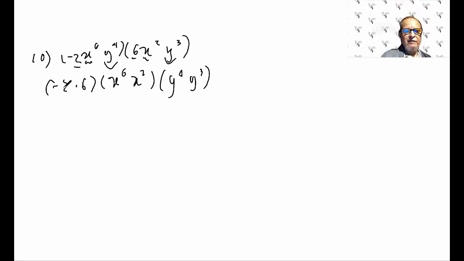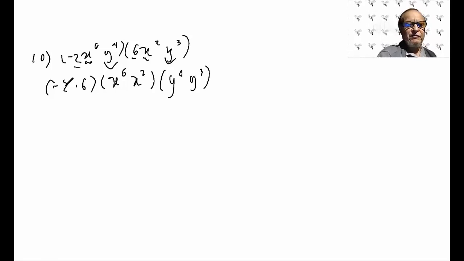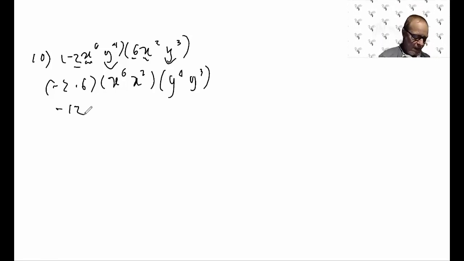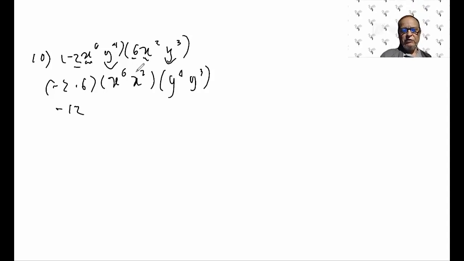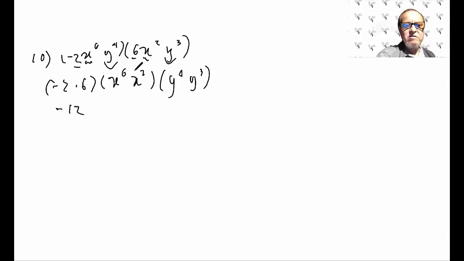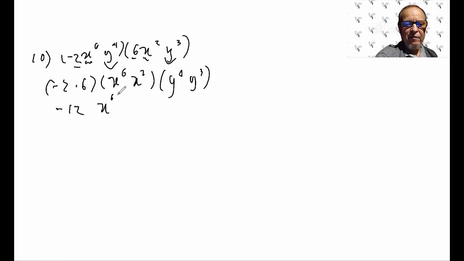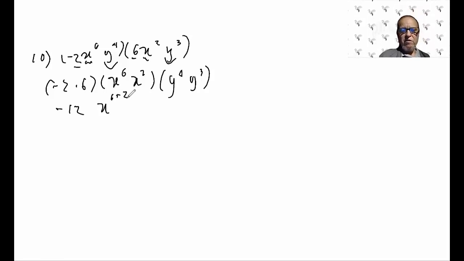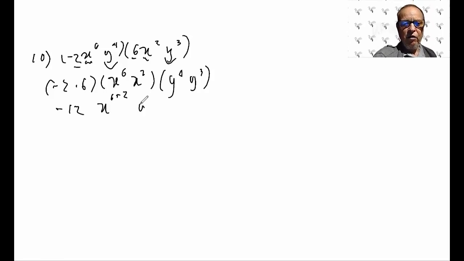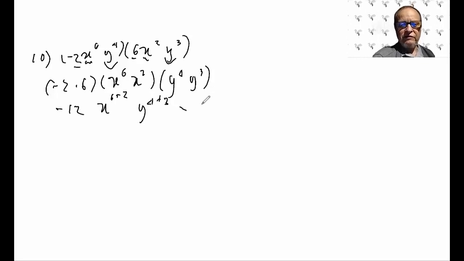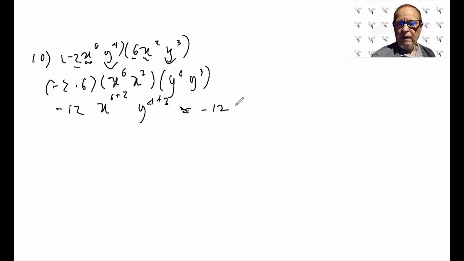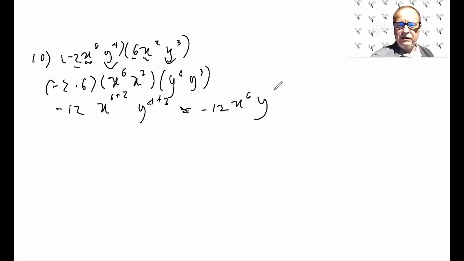So I see that negative 2 times 6 is negative 12. And then I use my exponential property for this, so I add them, 6 plus 2, and then my y, 4 plus 3, and that's going to be equal to negative 12, x to the 6th, y to the 7th.